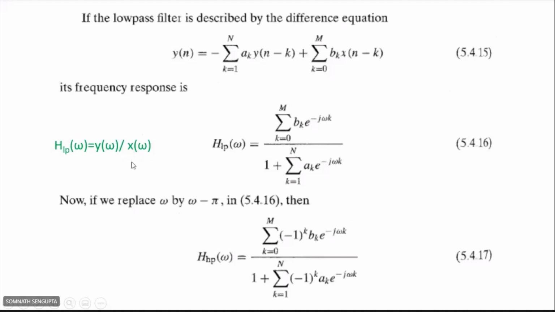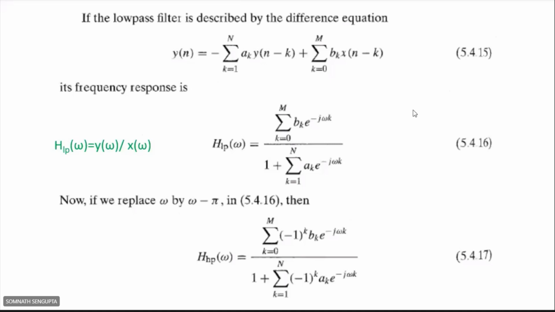It is the Fourier representation, or you can say Z domain, by replacing the variable Z with e to the power j omega, and from the Z transform, what is the formula for the Z transform? X of z into z to the power minus n. So it is one way. Another way is that we are delaying it. There is a delay in the output signal.